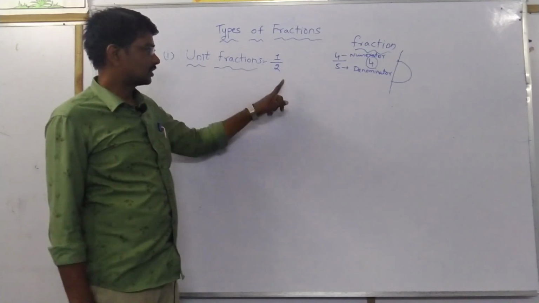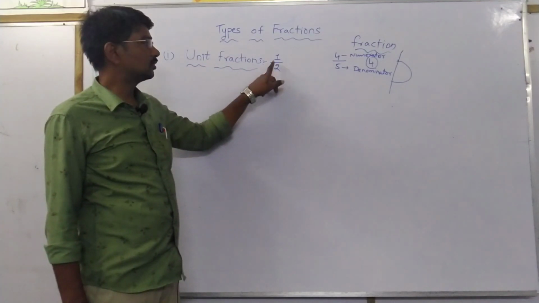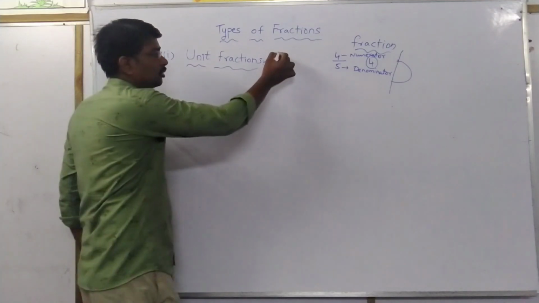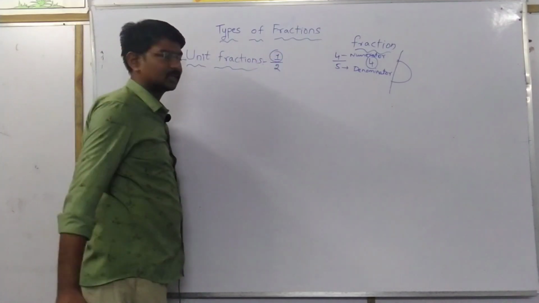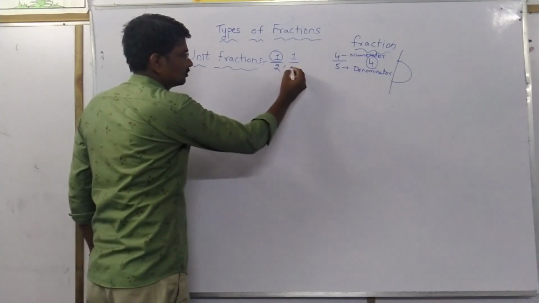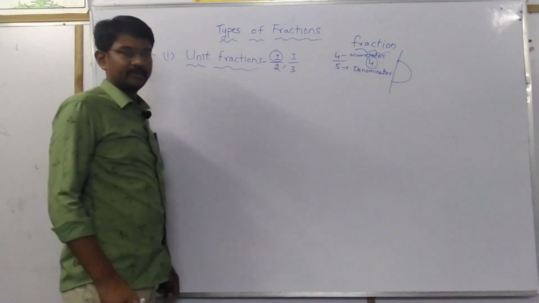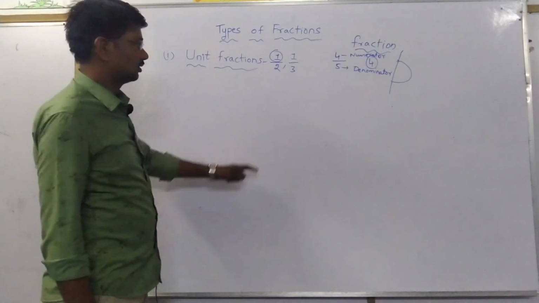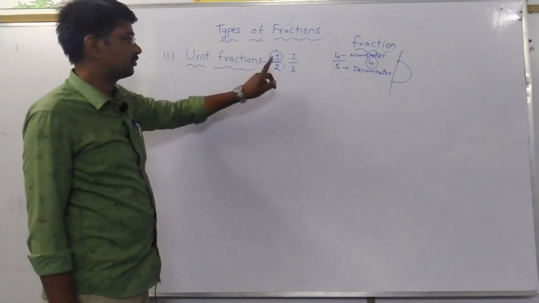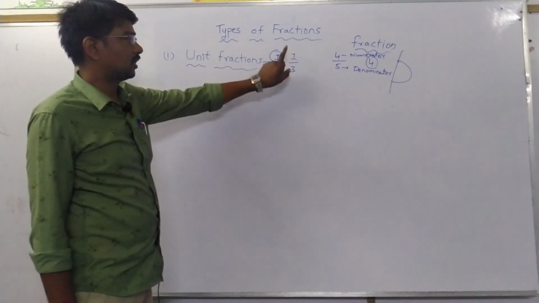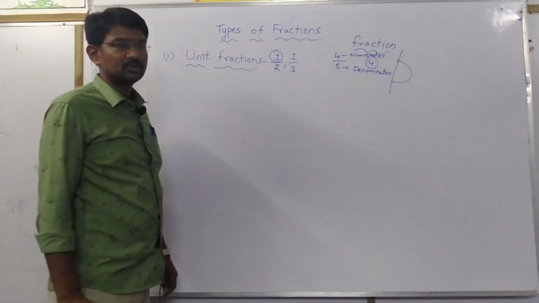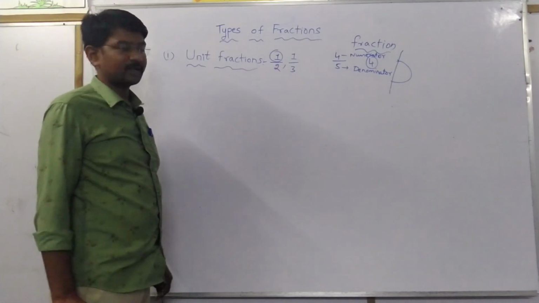What is an example of a unit fraction? 1 by 2, numerator is 1. Next example, 1 by 3. Numerator is important here. If the numerator is 1 in any fraction, that fraction is called a unit fraction.